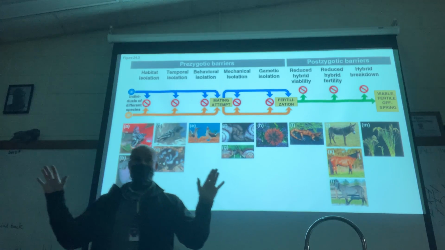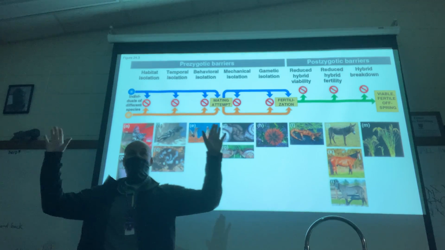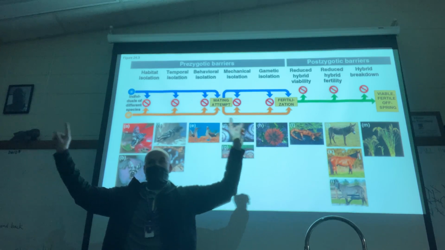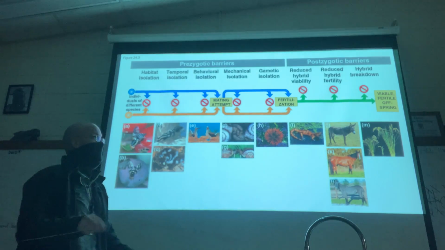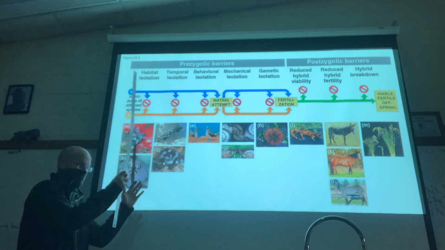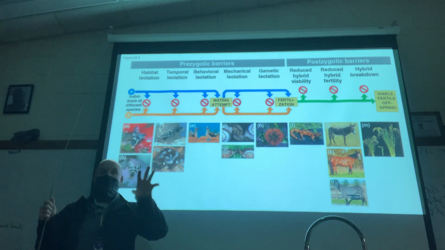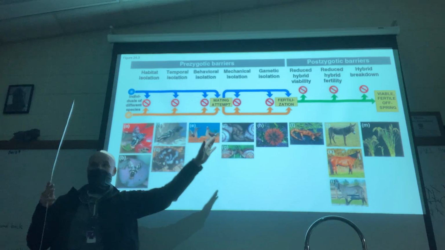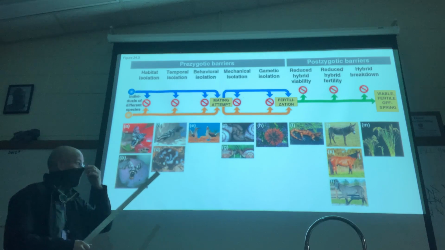Once you've separated two populations, natural and sexual selection can very easily carry them in very different directions. But you have to have these barriers first before a group will take its own evolutionary path and change over time in a way that's different from a group it used to be a part of.